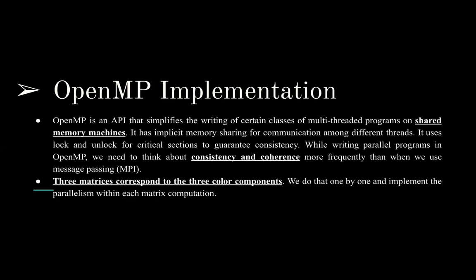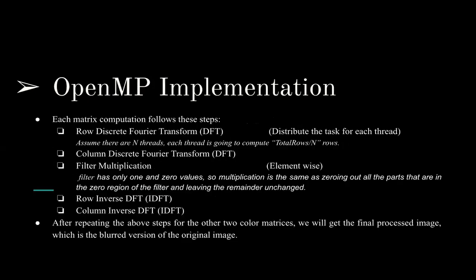There are three matrices corresponding to the three color components, so we can do these three matrices one by one. We can implement the parallelism within each matrix computation, and each matrix computation will follow these steps.